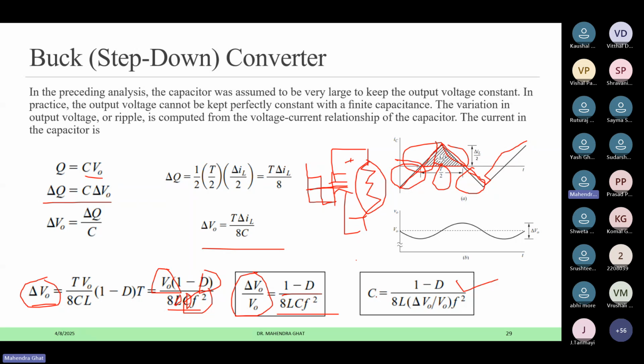So how much current is flowing through the diode and how much current is flowing through the switch, and what is the voltage across that switch and diode, and we can choose the switch and diode devices. This is the overall procedure. So you can write down this C equation also and this equation as well.